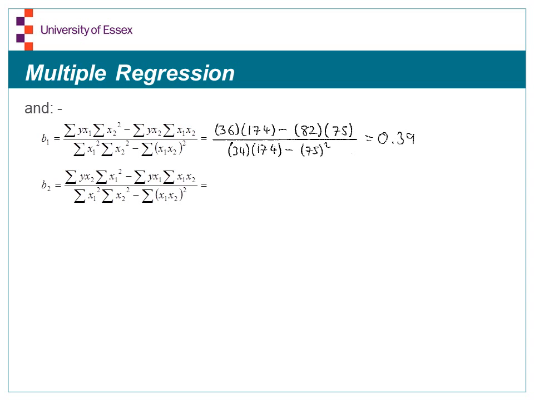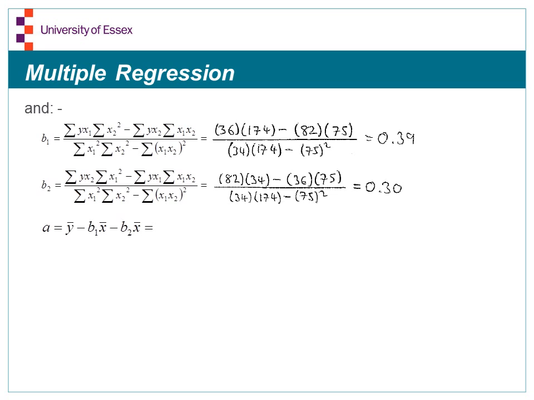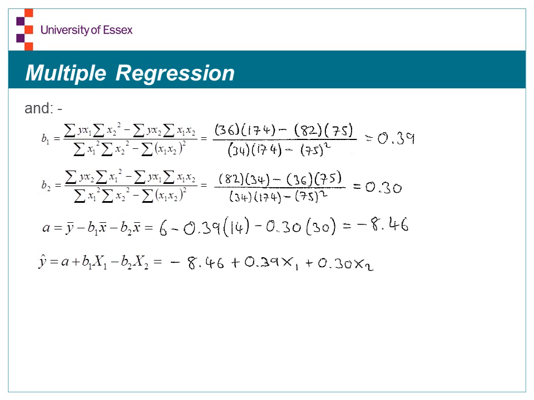We can do similar for B2, and when I do it for B2, I get 0.3 coming out as my value, and now that I know those, I can plug those values into my formula to work out what A is, and I get a value for A of minus 0.46. So I can now write out my whole multiple regression equation and say that y hat is going to be A plus B1x1 plus B2x2, and I now know what A, B1 and B2 are, and so there's my equation.